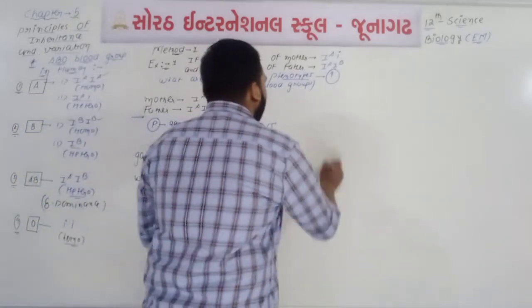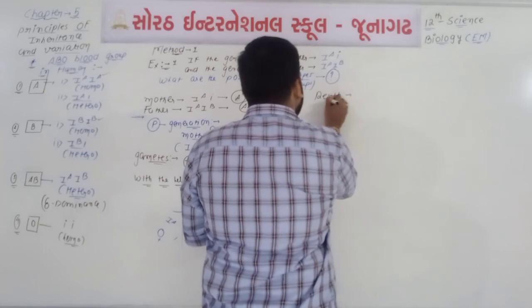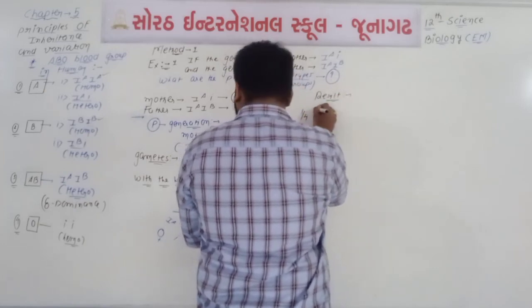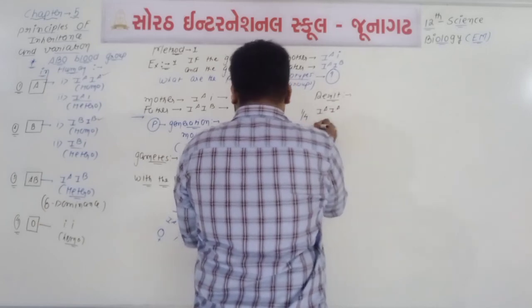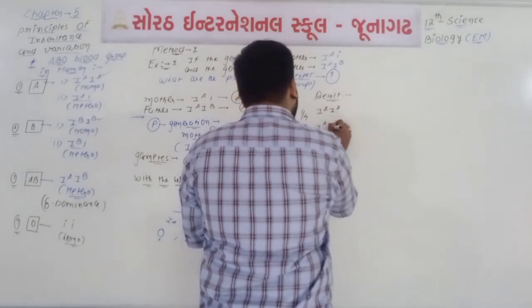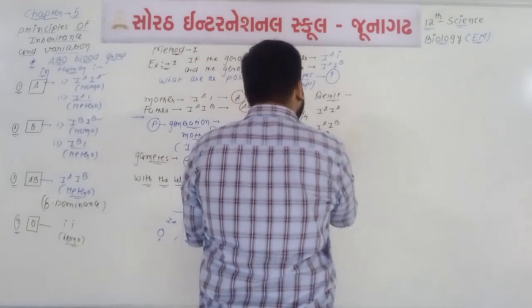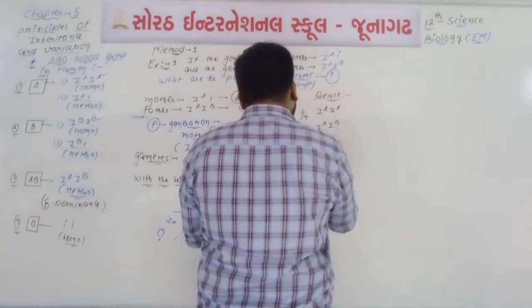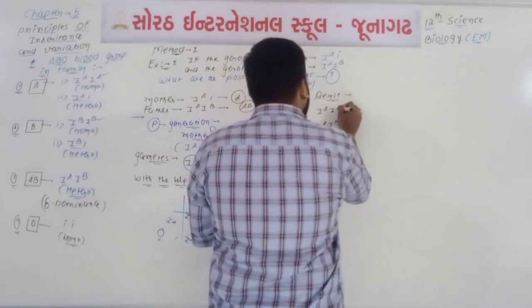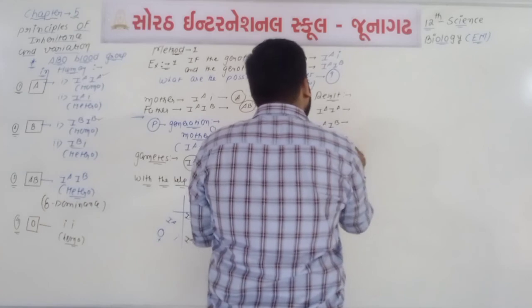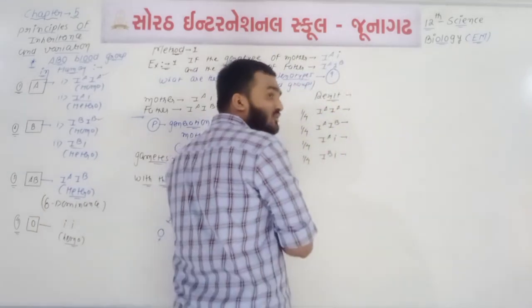So if we talk about the result, then 1/4 I^A I^A, 1/4 I^A I^B, 1/4 I^A small i, 1/4 I^B small i. These all are the genotypes.